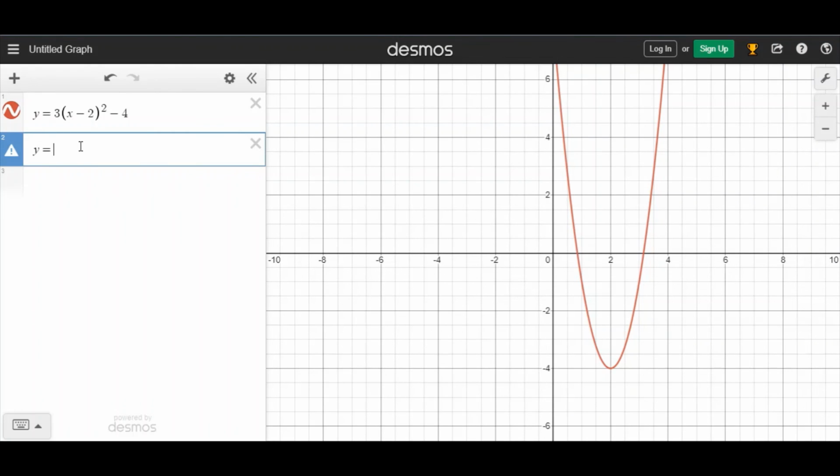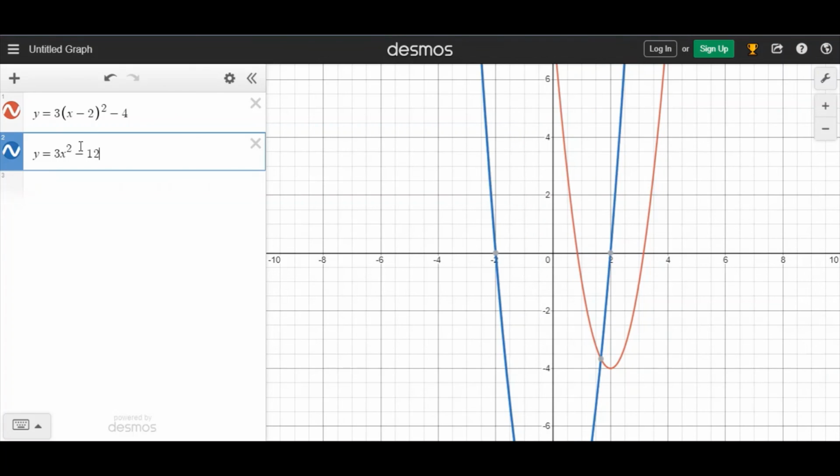We solved, or I should say simplified, this vertex form into standard form, and we got 3x squared minus 12x plus 8.